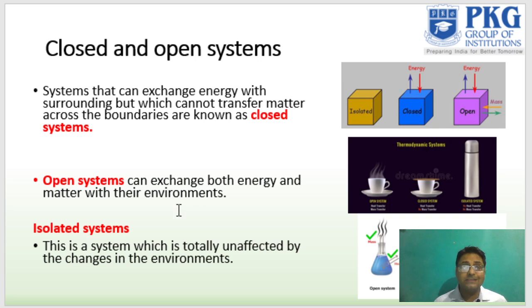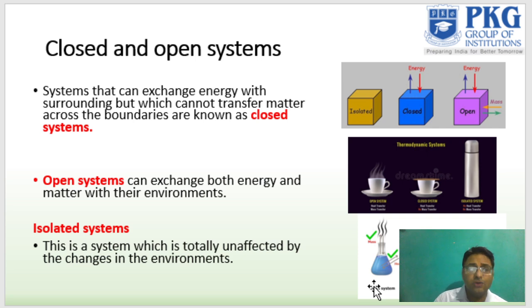The open system can exchange both energy and matter with its environment. So this is the open system, energy and mass can both transfer. And the cup of tea, if it is covered by a plate, is a closed system. So this is an open system, this is a closed system, so you can see very easily.